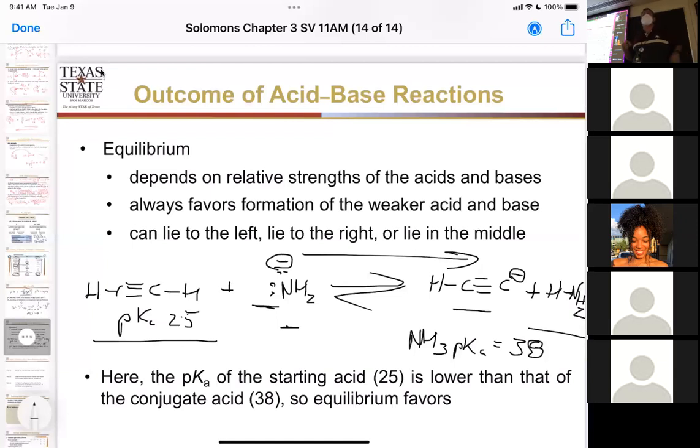If we did a different reaction and you came up with a pKa of 22 on this side and a pKa of 3 on this side, it's going to go to the weaker acid, the higher number in pKa. All right, we got 5 minutes.